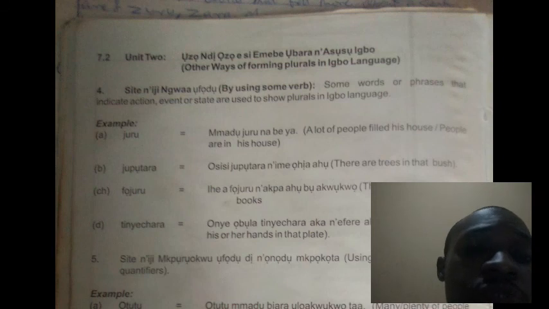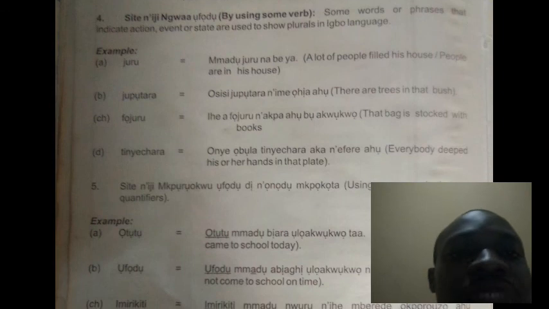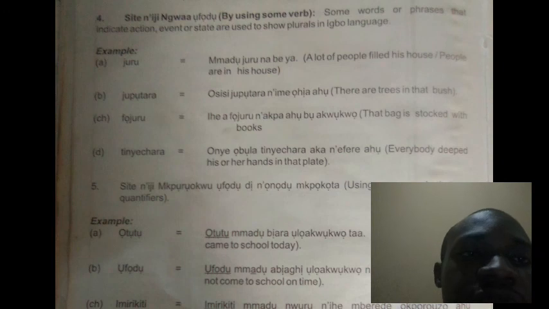We have an example here, joro. Let's see how we use joro to form plural. Mmadụ jụrụ na, juru, not joro, juru. Mmadụ juru na be ya. You can see the English format there. The next one is jupụtara, which means osisi jupụtara n'ime ọhịa ahụ. Alright.